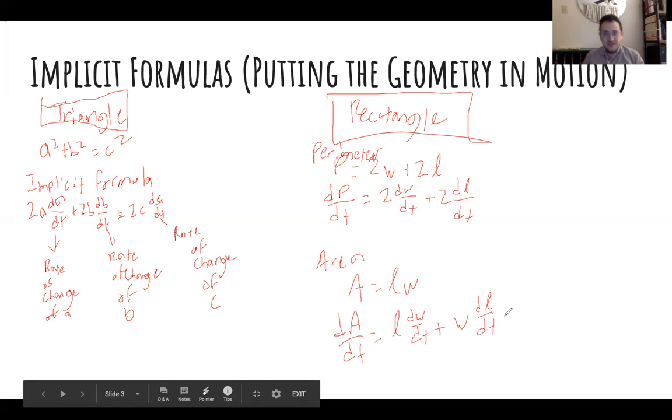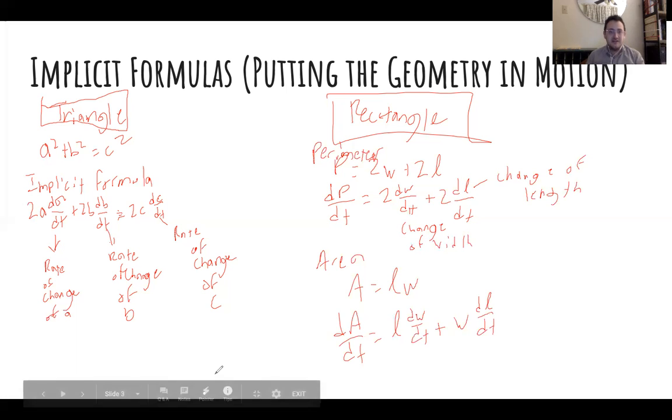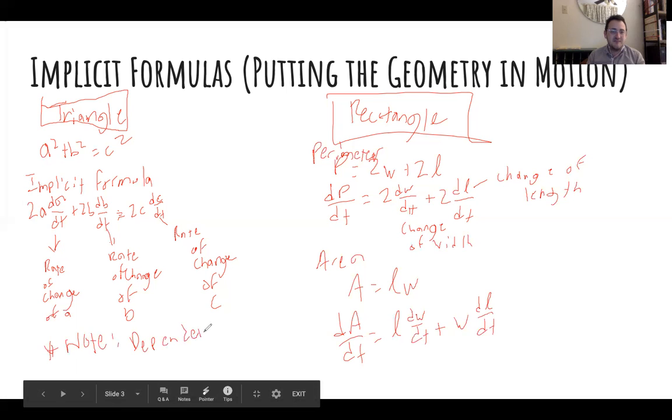We just cross it with the rate of change when we're doing the implicit derivative. So dL/dt would mean change of length, and dW/dt would be change of width. Our dependent variable in all of these situations is time. So note, the dependent variable is time.